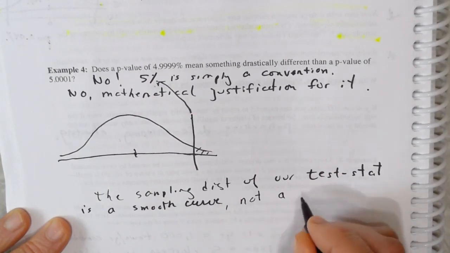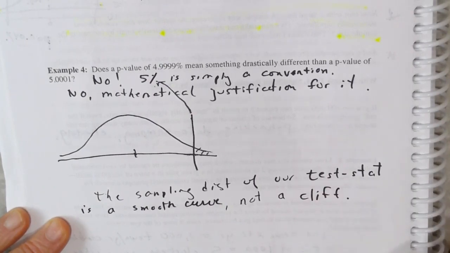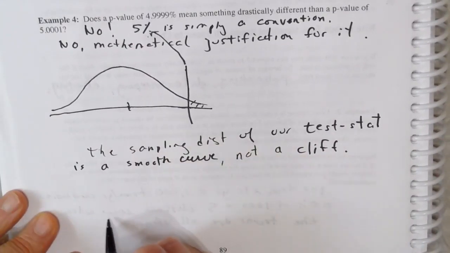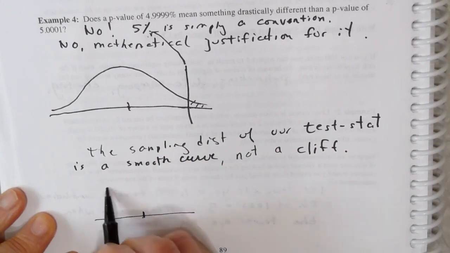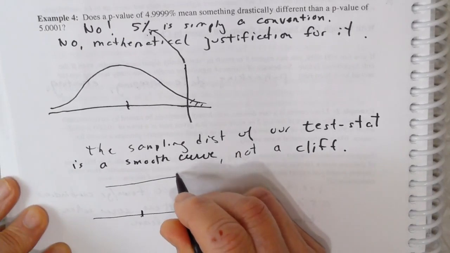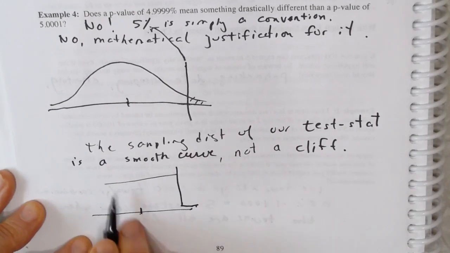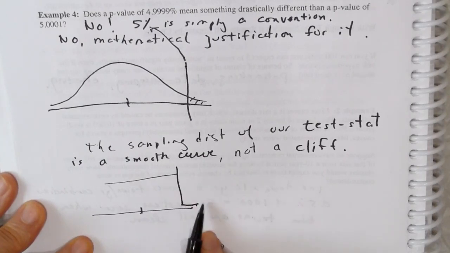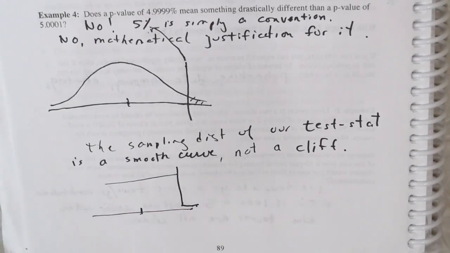It's not a cliff, right? A cliff would look like what? We'd expect around here maybe, and all of a sudden there's this sharp drop off that leads to this tiny 5%. It doesn't look like that. It doesn't say, oh, it looks like nothing's going on, and bingo, 5% of the time, all of a sudden we get clear evidence. So those are a few things to keep in mind.